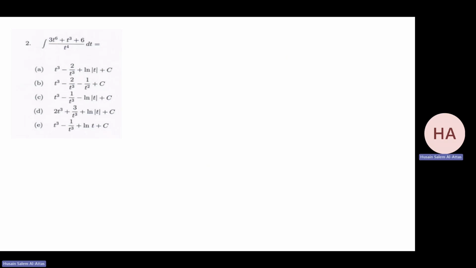Integral, first I need to rewrite the function. That will be 3t squared plus t to the power minus 1 plus 6t to the power minus 4 dt. Integrate, I have t cubed minus 1 over t squared plus ln absolute value of t.